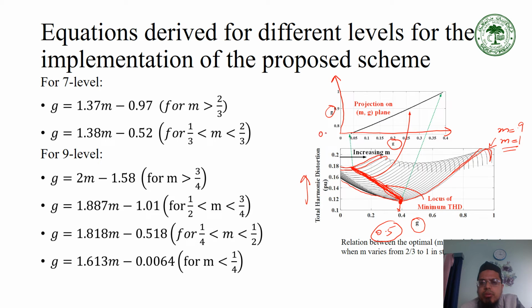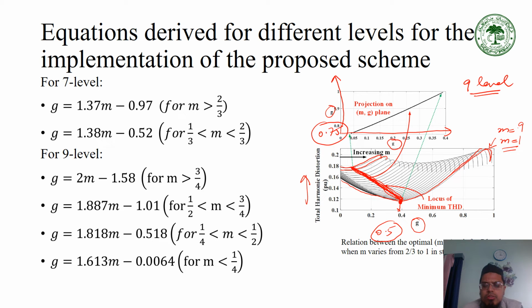Now M will vary from 0.75 to 1 when we are talking about, I think, a 9-level inverter.